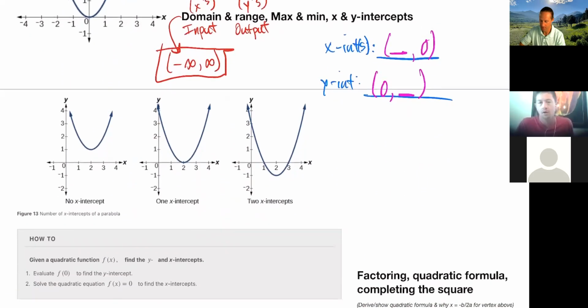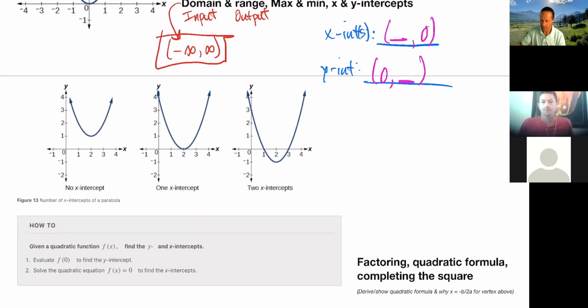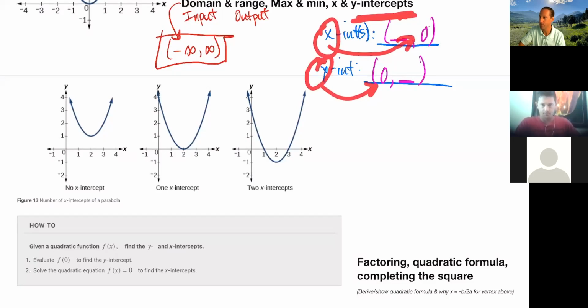Okay, very good. So to find the x-intercept, we let the y be 0. To find the y-intercept, we let the x be 0. So if you ever want to find the intercepts, you just let the other letter equal 0 and find the one that you wanted. You get rid of it. You get that one equation with just one of the unknowns.